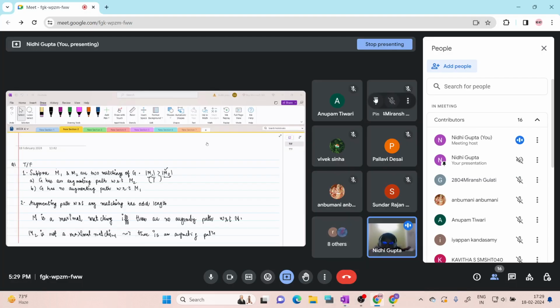So Miransh, is it clear? Yes. Okay, so now what about 2? G has no augmenting path with respect to M1. Ma'am, it is false. Does everyone think it is false, or anyone think it is true also?